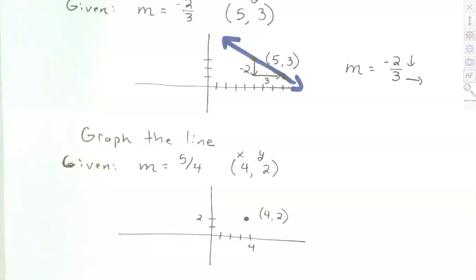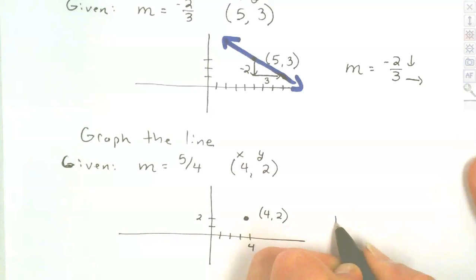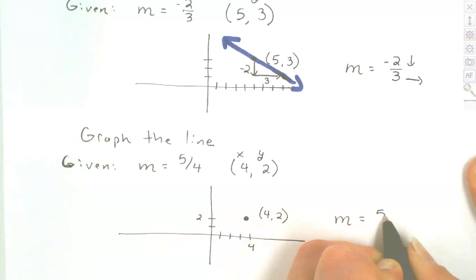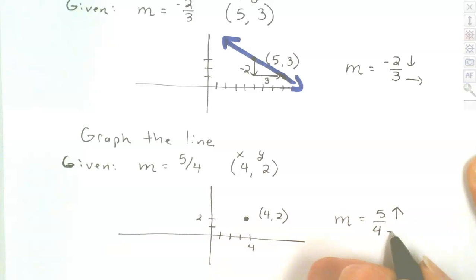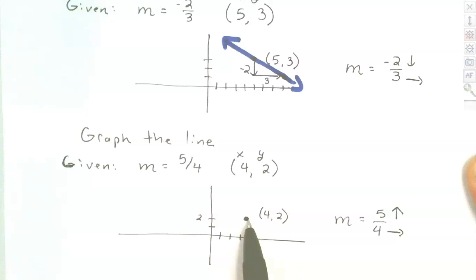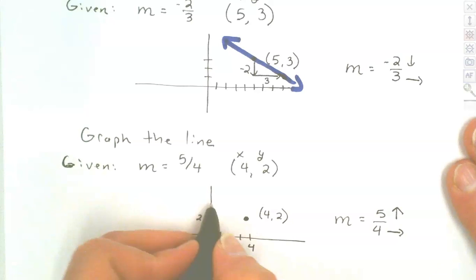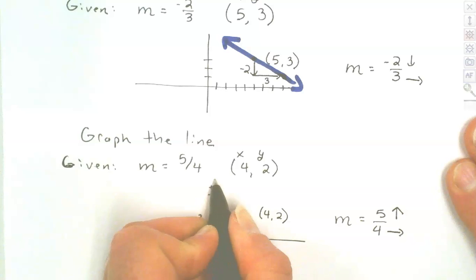We move from that point the number of units that are in our slope. So in this case, our slope is 5/4. It's positive, so that means we're going to go up 5 and over 4 units. So from our point at (4, 2), we go up 5, 3, 4, 5.